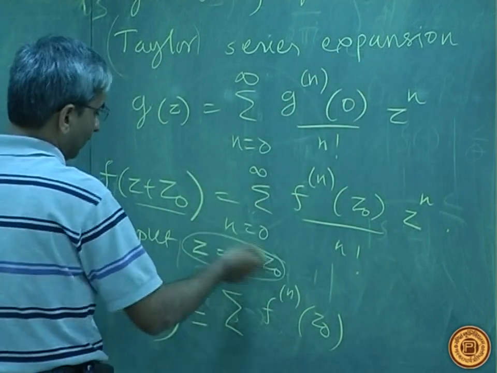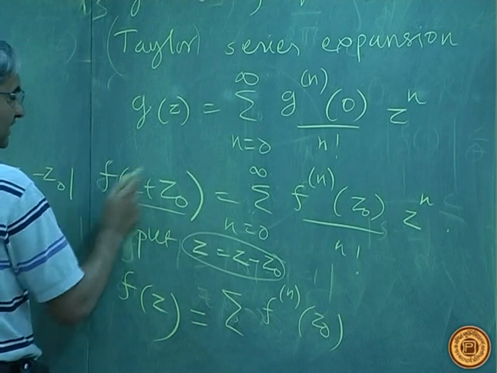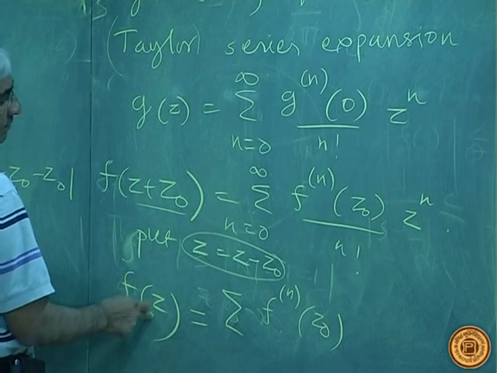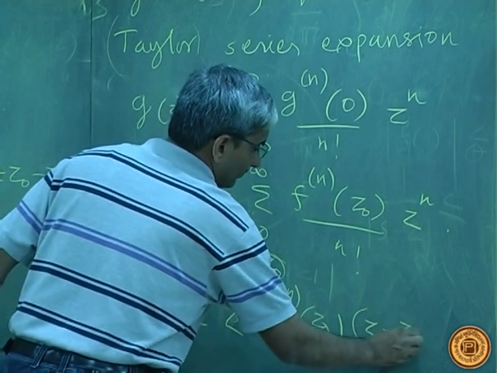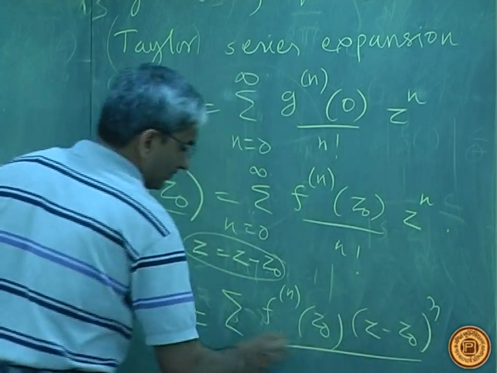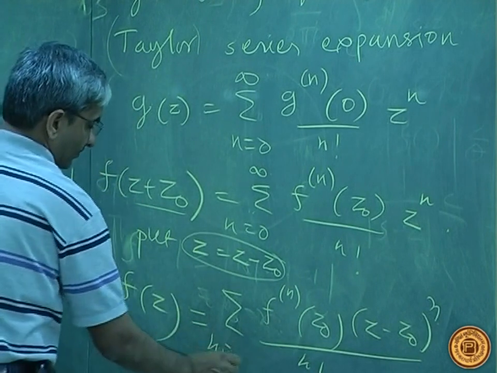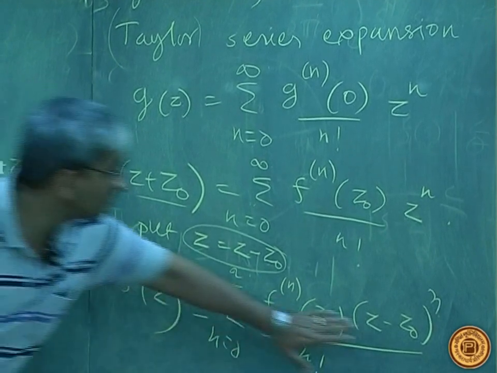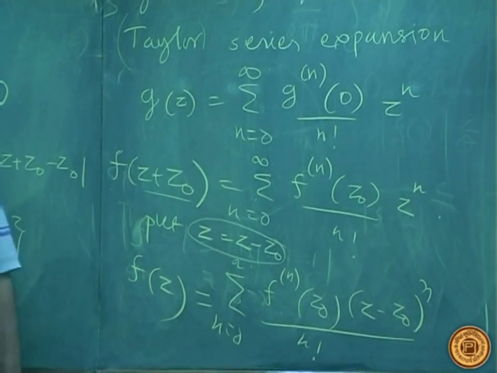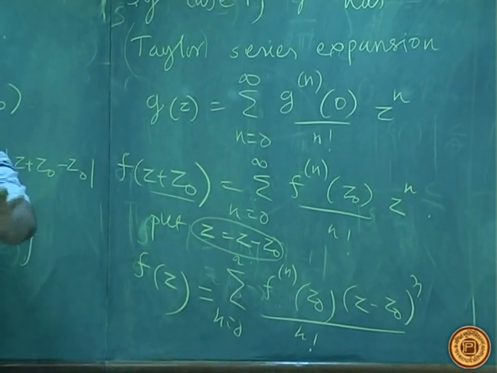So you may ignore this. What I want to say is z plus z naught is replaced by z, but on this side z will get replaced by z minus z naught. So this is the general Taylor series expansion around z naught, where z naught is any arbitrary point where f is analytic.